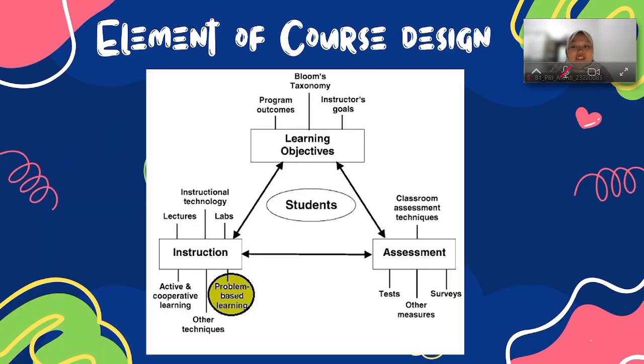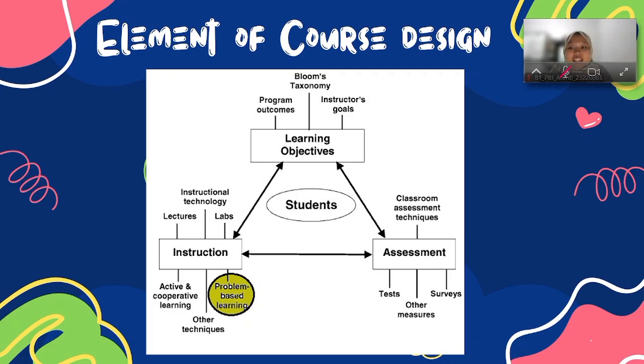As you can see on this slide, there is a diagram of elements in course design that has three elements. The first is instruction, the second is learning objectives, and the third is assessment. As you can see on the diagram, in the middle is the student.